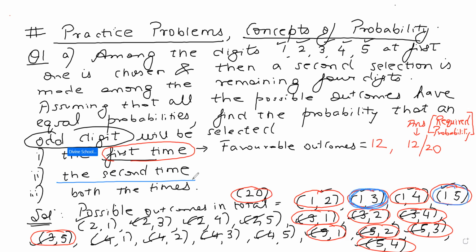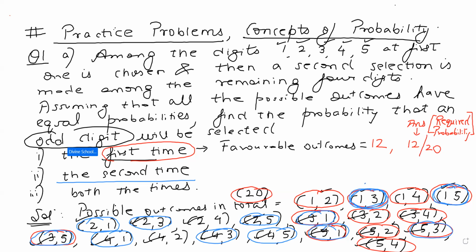Then this, then this, this one, and so on. All the blue circled ones represent the cases where the second digit is odd.